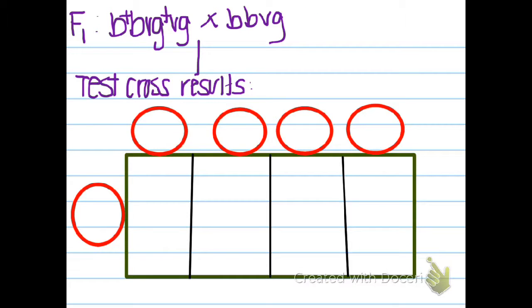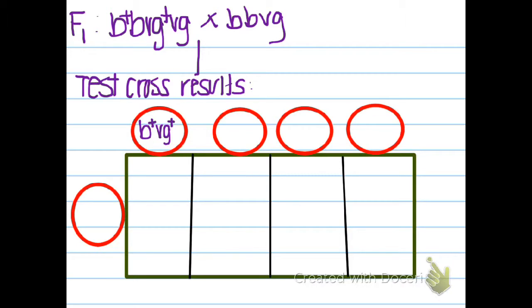After that, you get your test cross results, which end up in 4 different eggs. The first one is B+VG+, which means gray body and normal wings.